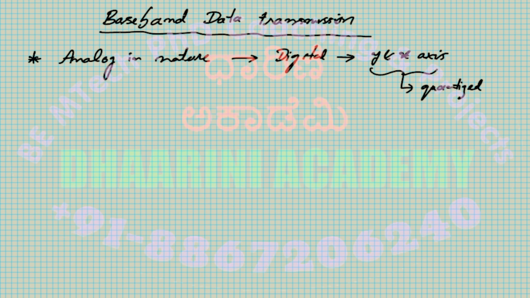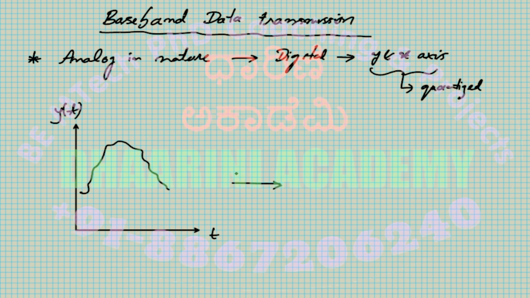Let's quickly look at the idea now. So if I say this is my analog signal, something like this, maybe I can write y of t versus time. If you try to convert this into digital, this is how it's going to look.